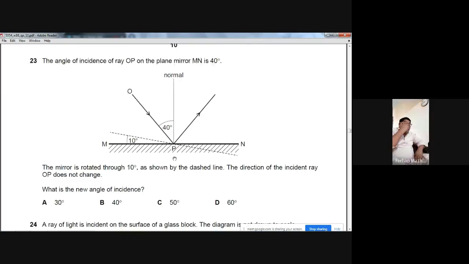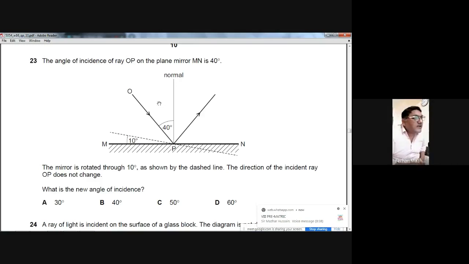He did not change the incident ray, but he moved the mirror 10 degrees clockwise. So what will happen when you move the mirror 10 degrees clockwise? The normal will also move 10 degrees clockwise. So the angle of incidence here will become 50 degrees.